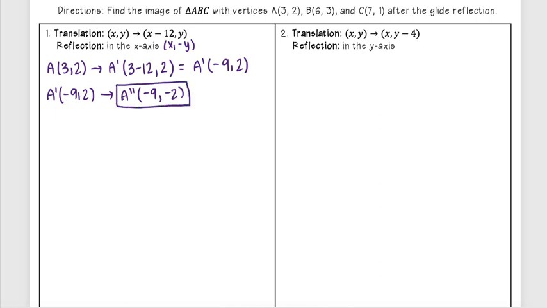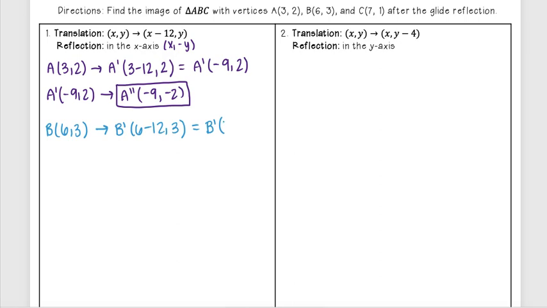Okay, now let's go on to point B. So my point B is at 6, 3. I'm going to translate it first. So I'm going to subtract 12 from my x-coordinate. My y-coordinate is going to stay the same.